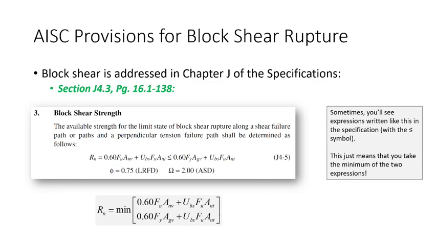Whenever you see that equation equals a term less than or equal to another term, that's what that means. So I'm rewriting it like this, right? So we have Rn equals this plus this less than or equal to this plus this. It's just the minimum of those two lines. That's my way of clarifying it for the class. And again, we'll see this to come, okay?